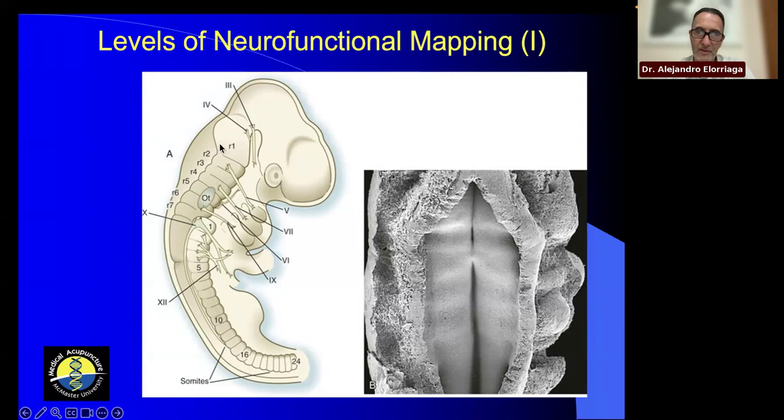Obviously, there are the levels of the brain stem that correspond to the cranial nerves, numbers 1 to 12 in humans, and then the spinal cord attached, connected to the brain via the brain stem, which also has 3 divisions, and then the spinal cord has its 13 cervical segments, 12 thoracic, 5 sacral, 5 coccygeal, and 1 extra.